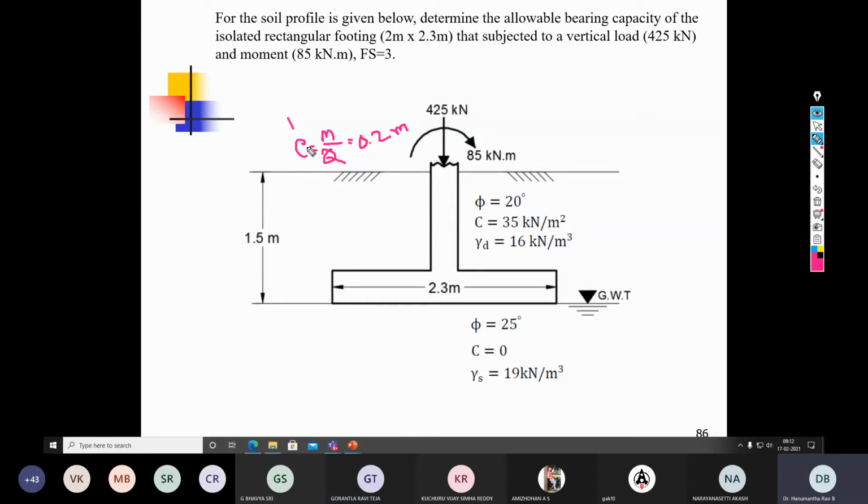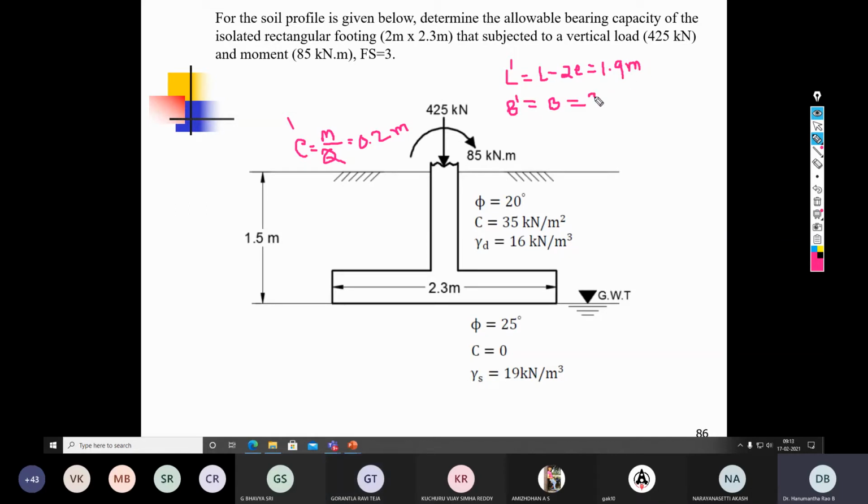Based on the obtained eccentricity value, try to calculate L dash and B dash. Your L dash is nothing but L minus 2 times e, and B dash is nothing but B only. Now what is the L dash value? 1.9, sir, but it will be reversed. Yes, let me first write down.